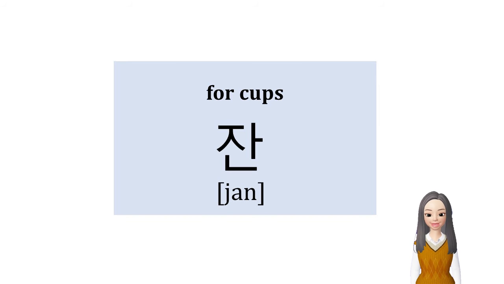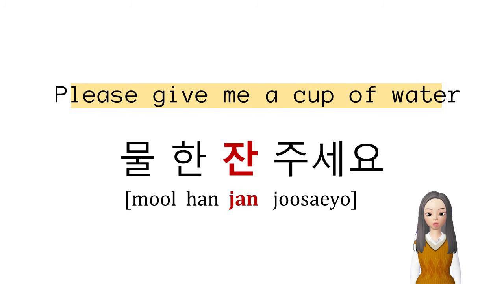So, another counter that's similar to 장 just now is 잔. 잔 is the counter used for cups. For example, the sentence, please give me a cup of water. It's 물 한 잔 주세요.